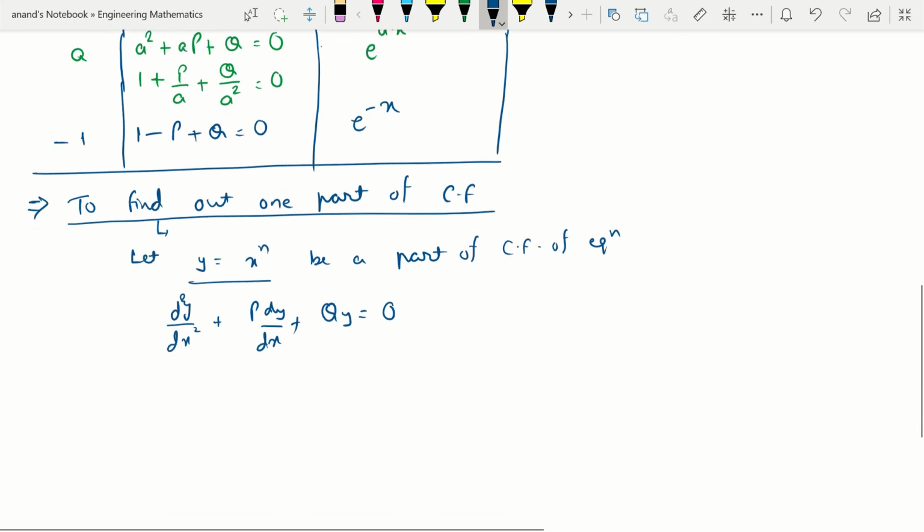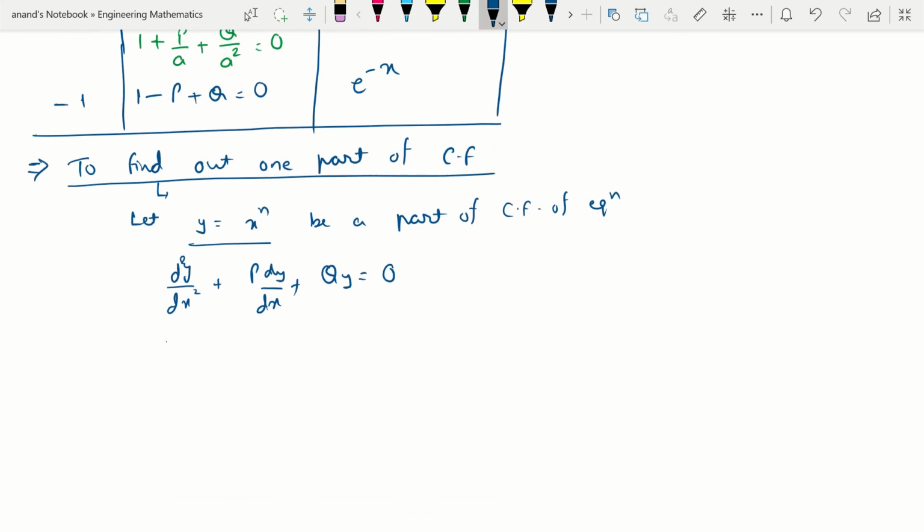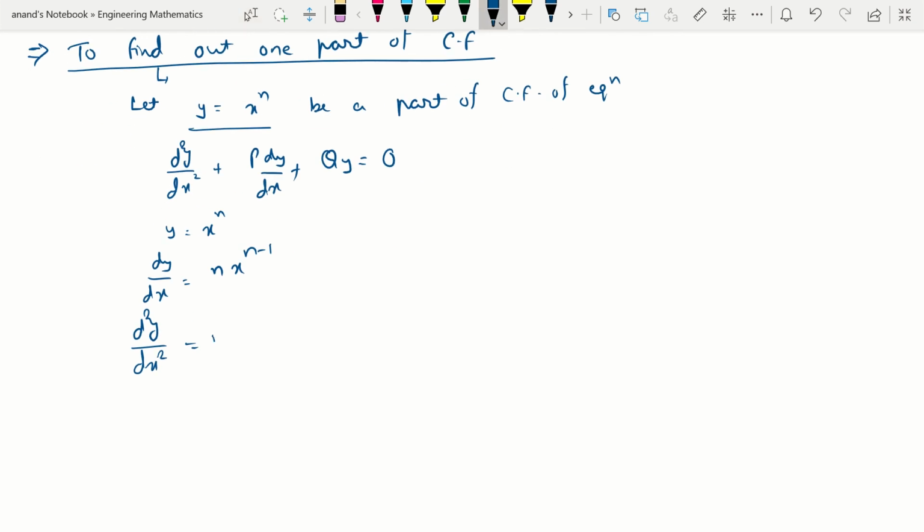So here we have y equals to x to the power n. So we will get dy by dx as n x to the power n minus 1, and further we will get d2y by dx2 as n into n minus 1 x to the power n minus 2.